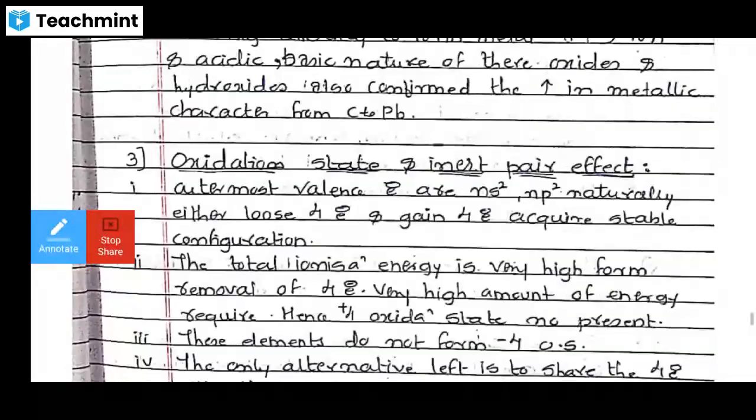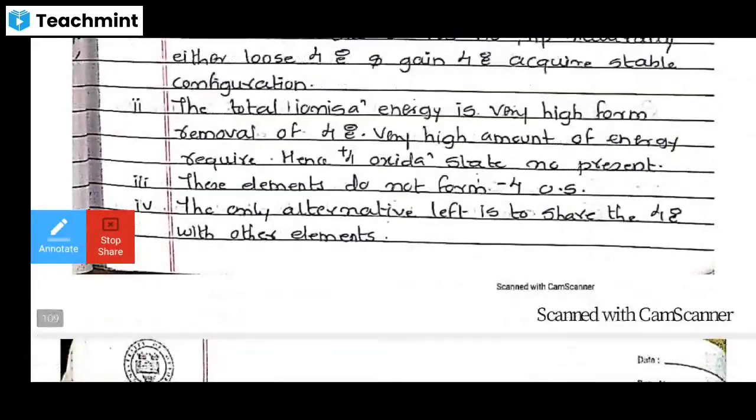So next is the oxidation state and the inert pair effect. The oxidation state is only because of the number of electrons donated by that particular atom. The outermost valence electrons are ns2 np2, so naturally they either lose 4 electrons or acquire 4 electrons to get a stable configuration, and the total ionization energy is very high for the removal of the 4 electrons.